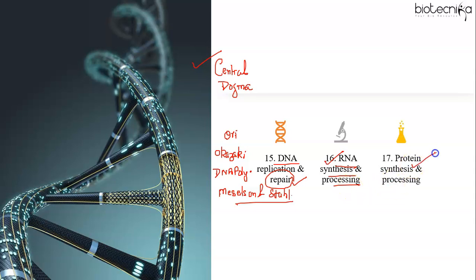Then next you need to study about protein synthesis and processing, and especially post-translation modifications are important. Post-translation modifications involve key mechanisms to regulate activity, localizations and interactions of protein with other cellular molecules. So this must also be emphasized during preparation.